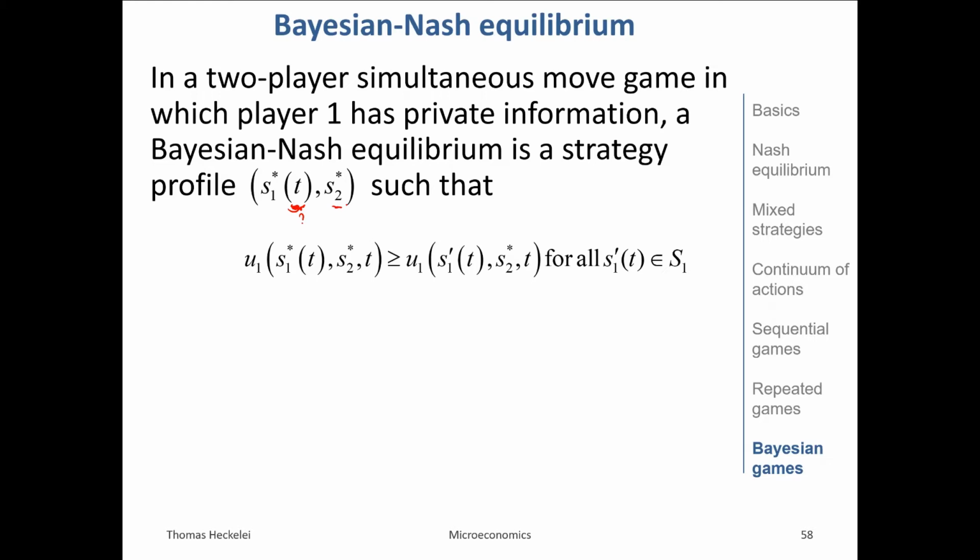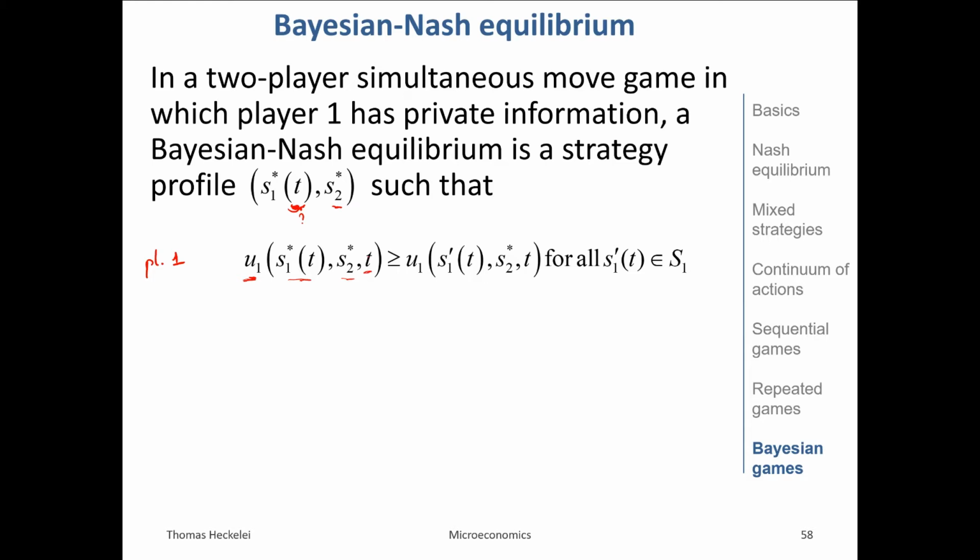Then for the first player, player 1, the equilibrium requires that the payoff of him or her from playing this S1*(T), given that the other player plays S2*, and T, why is T here alone again?